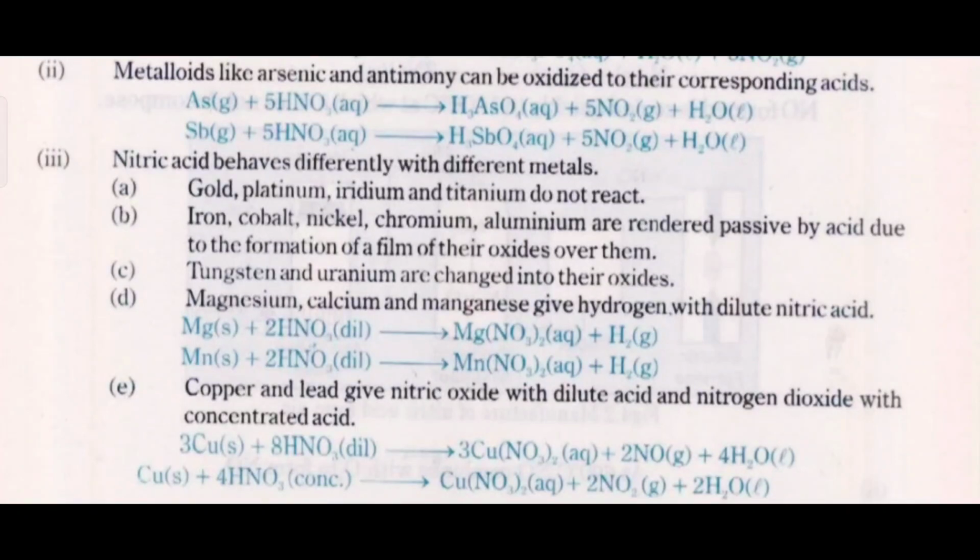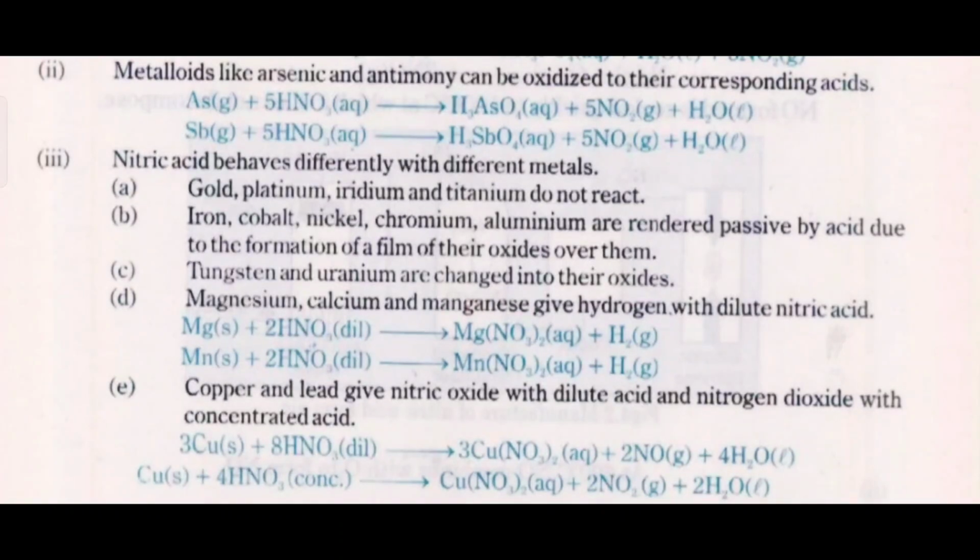Anyhow, it oxidizes FeSO4, H2S, HI, SO2, and cane sugar. We can also say that it oxidizes ferrous sulfate, hydrogen sulfide, hydrogen iodide, sulfur dioxide, and cane sugar as well.